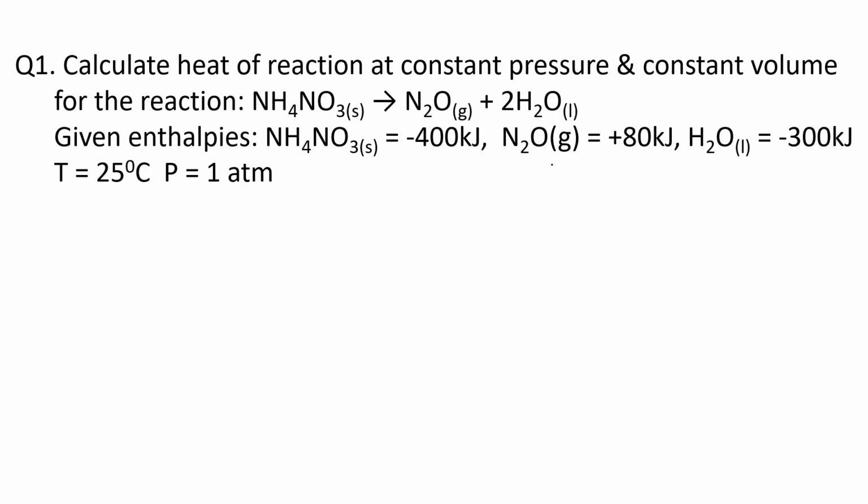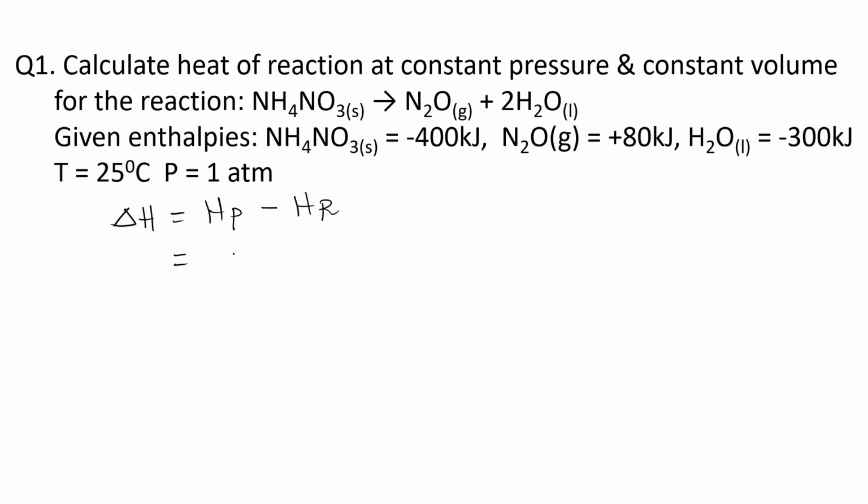Enthalpies of these reactants and products are given. So what you have to calculate is the heat of the reaction at constant pressure, that is delta H, and at constant volume, that is delta E. So first we calculate delta H. Delta H is equal to enthalpy of products minus enthalpy of reactants.